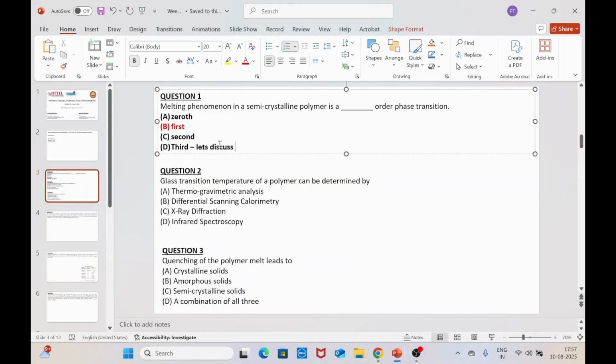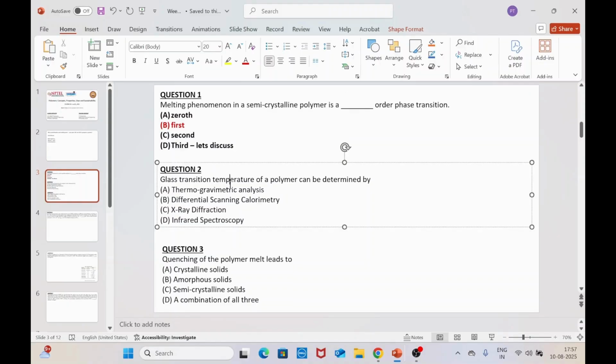Let us discuss. Next one: the glass transition temperature of a polymer can be determined by, actually, in this polymer course, in many places we need to look around the concepts on the internet. For example, in conformations there are lots of terms like end-to-end distance. Whatever is discussed in the course is a very brief overview of polymer conformations.